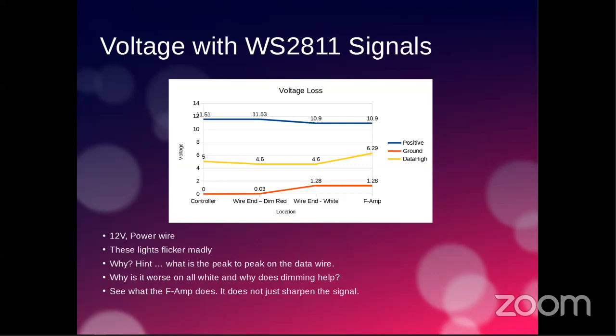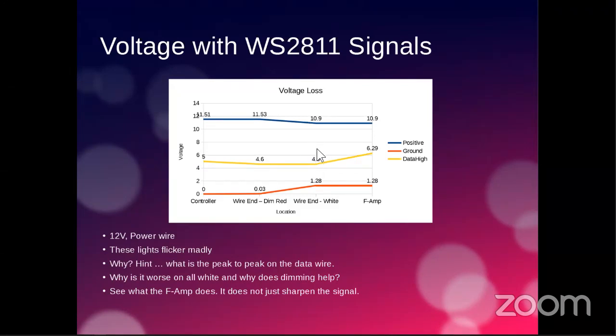The reason they never flicker is because the voltage supply that is going to the 2811 chip falls away, and so the threshold for detecting the signal also falls away. Remember, how big this gap needs to be is not a constant. It's not always 3.7 volts, which I presented on that earlier slide.